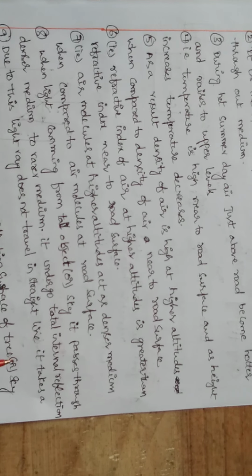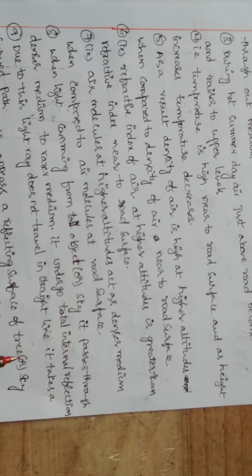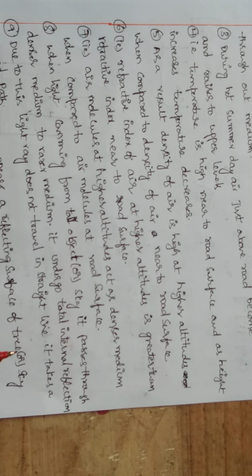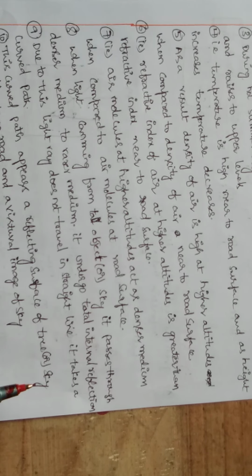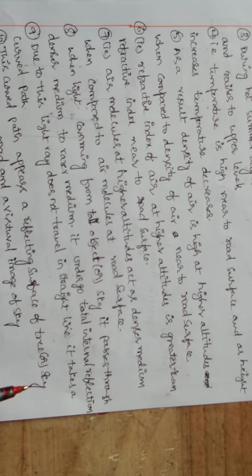Eighth point, when light comes from a tall object or the sky, it passes from the denser medium to the rarer medium, because the upper layers act as denser when compared to lower layers. Then the light undergoes total internal reflection. As we already know, why? Because the light is traveling from denser to rarer, beyond the critical angle it undergoes total internal reflection.